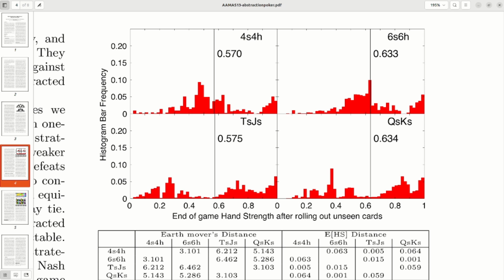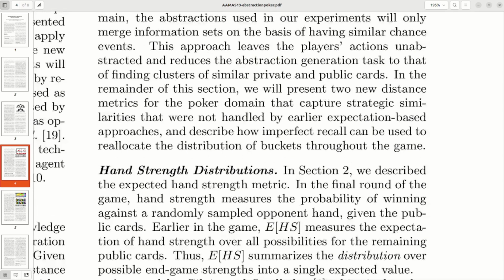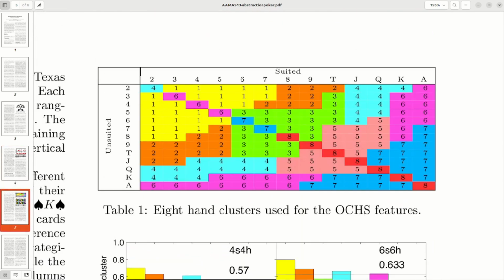So what they decided to do, instead of just using a single value for the equity, is they came up with this idea called opponent cluster strength or something like that. Instead of looking at the equity versus the entire range, you make a feature vector where each element is the equity you have versus a portion of the range.